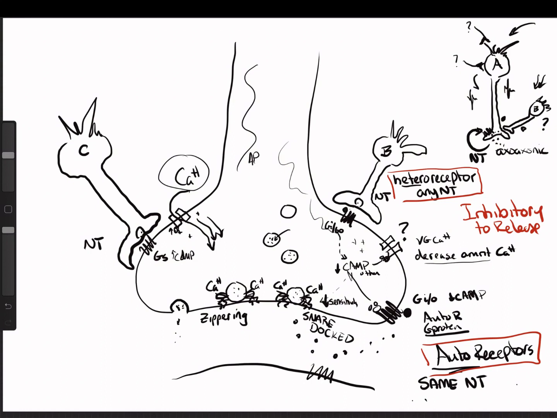Or again, it has multiple different downstream effects that are possible depending on which G protein you have. So here on this side, we had those excitatory heteroreceptors, and those were going to increase neurotransmitter release probability or amount of neurotransmitter release, whereas the inhibitory neurotransmitters decreased the amount or probability of release.